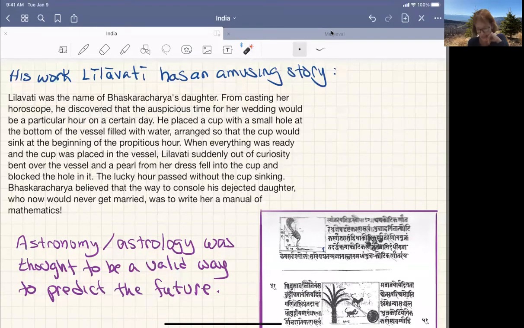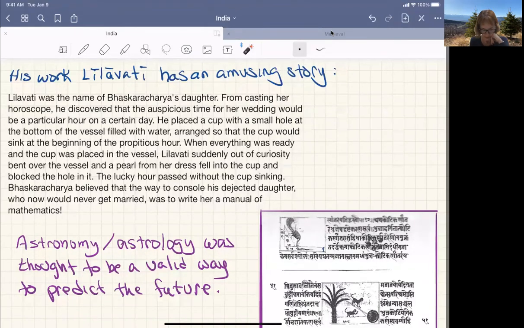So he cast her horoscope and discovered that the auspicious time for her wedding would be a particular hour on a particular day. So he placed a cup with a small hole at the bottom of a vessel filled with water and arranged so that the cup would sink at the beginning of the time that would be most auspicious for her wedding.